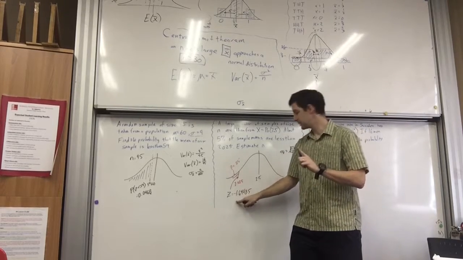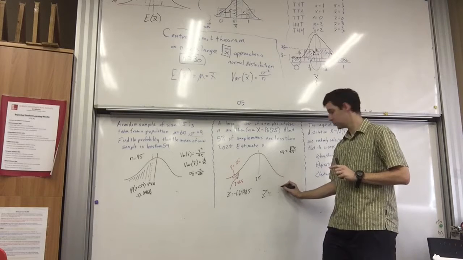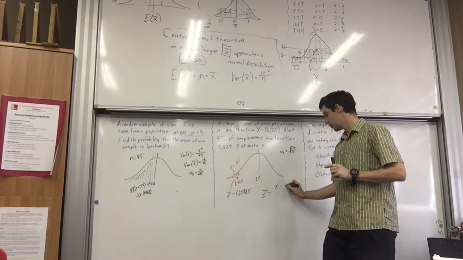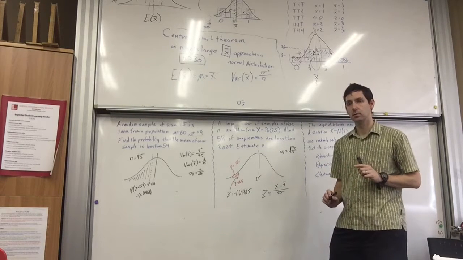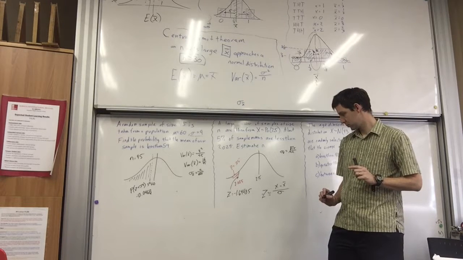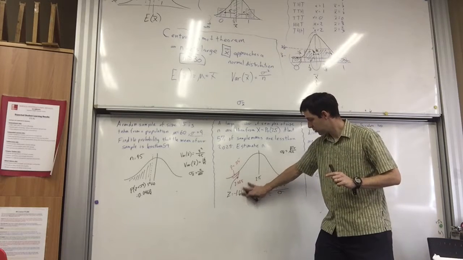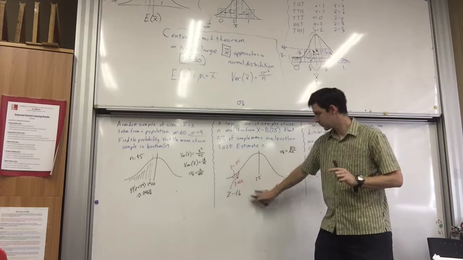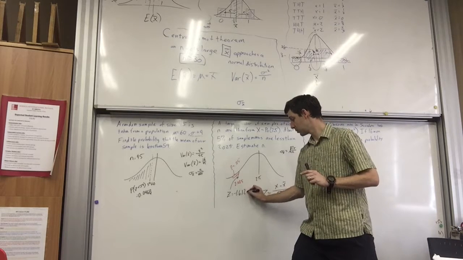Now that I have the z-score, I can go z-score equals x minus our mean over sigma. It's negative 1.612, not negative 1.6. He put an actual mean. Oh, so what is it really? Negative 1.61213.